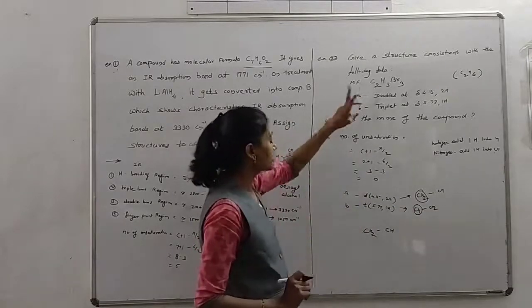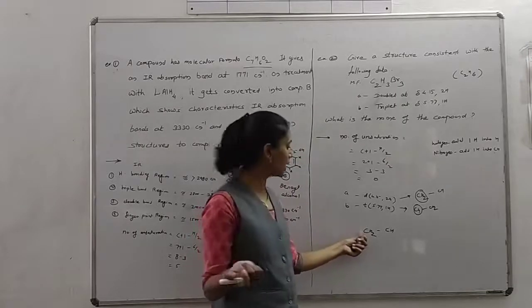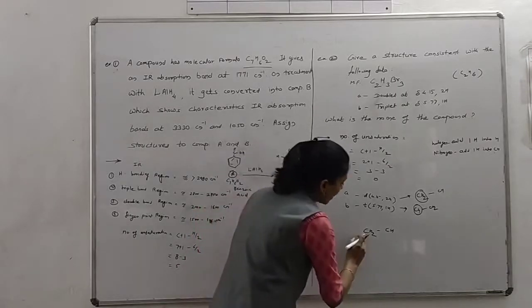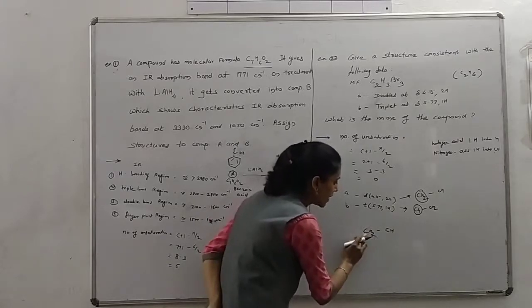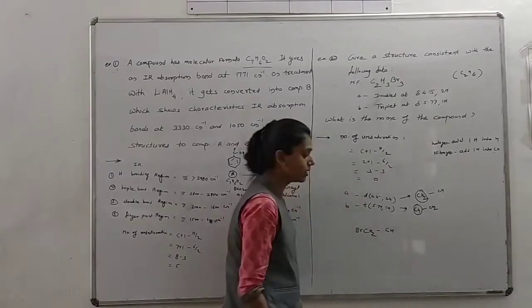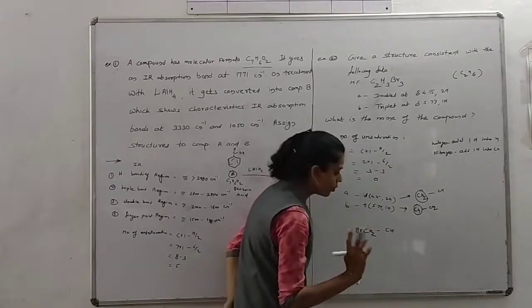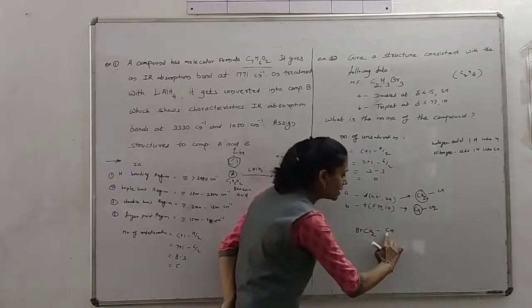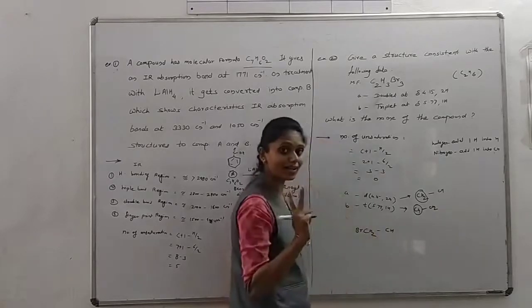Here 3 bromines are there, and we satisfy the valency of carbon, which is 4. Here 2 protons are attached to the carbon atom and 1 carbon is attached, so only 1 bromine remains. So I have right here 1 bromine. The valence of carbon is 4, and this carbon is attached to 1 proton and 1 carbon atom, so 2 valences remain.